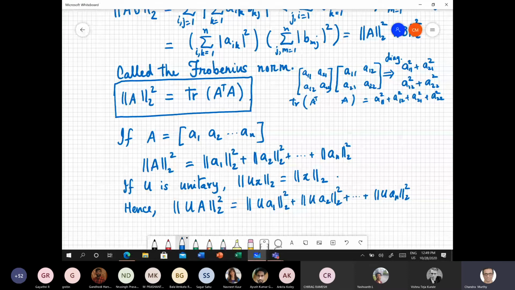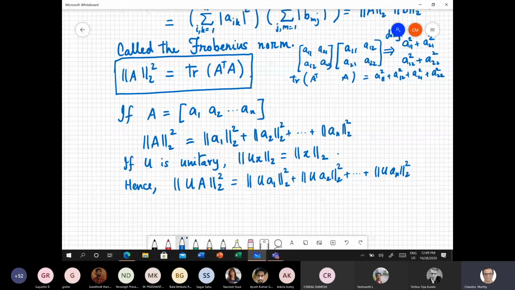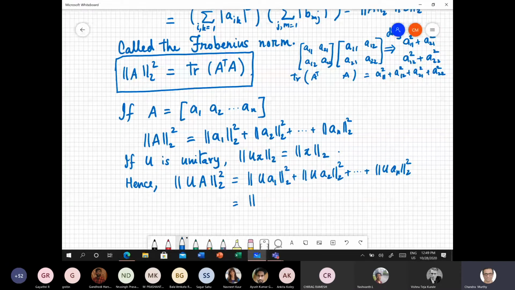When I multiply U with the matrix A, the columns of the product are equal to the multiplication of U with each of the individual columns of A. And so this is equal to the L2 norm squared of A1 plus the L2 norm squared of A2 plus etc. plus the L2 norm squared of AN, which is equal to the norm of A squared. So this Frobenius norm is invariant to left multiplication by a unitary matrix.